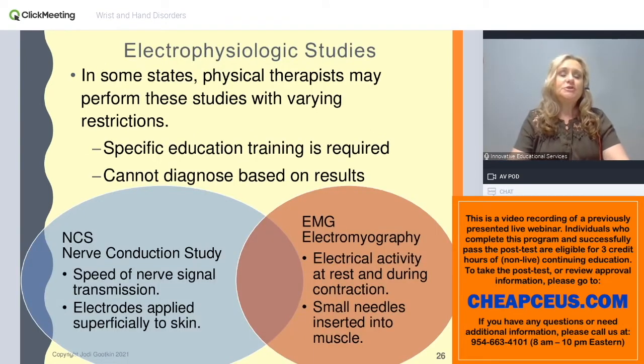When an individual is presenting more with a neurologic presentation where there is potential of nerve compression, they're going to go for electrophysiologic studies.